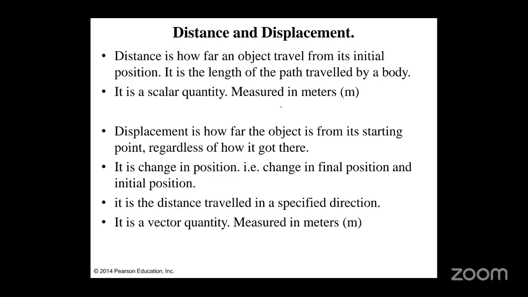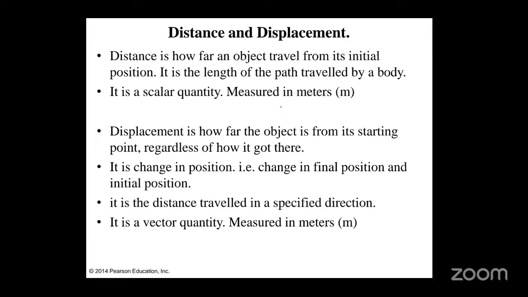That is, distance, which is magnitude, a scalar quantity, traveled in a specified direction. Direction has come into it. So displacement is a vector quantity. However, the unit of displacement and distance is the same. They are both measured in meters.